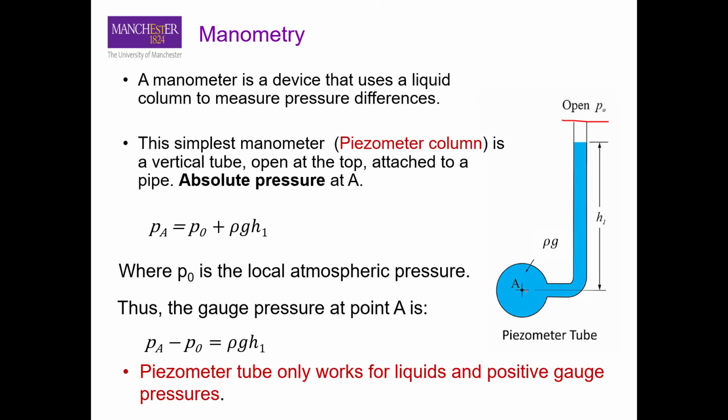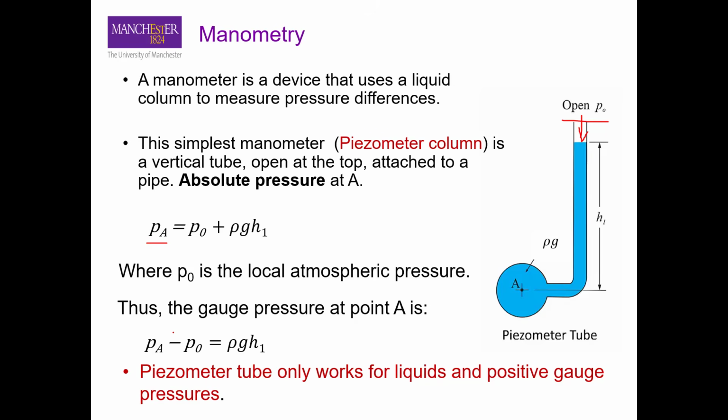So if you want to measure the pressure at point A, we can write from hydrostatics again that the pressure at point A should be equal to the pressure that is applied on the top of this tube, that is P naught, the atmospheric pressure, plus rho GH1, that is the pressure due to the height of this column here.